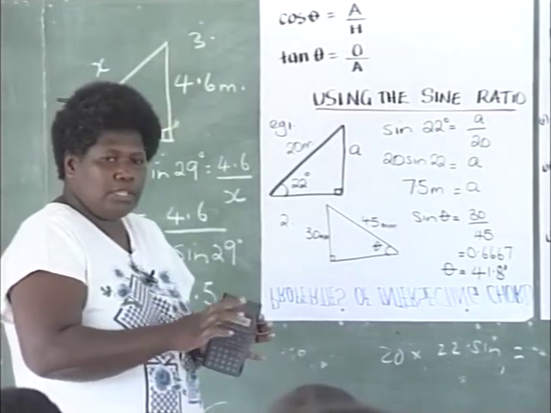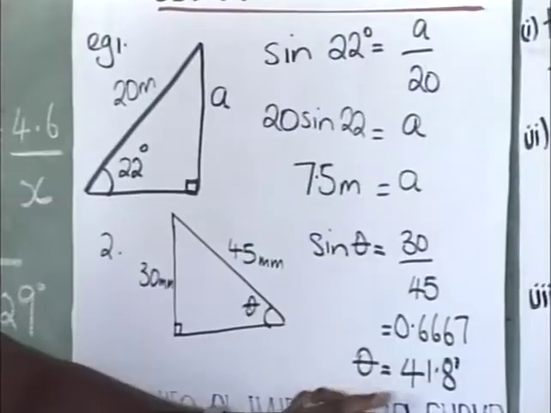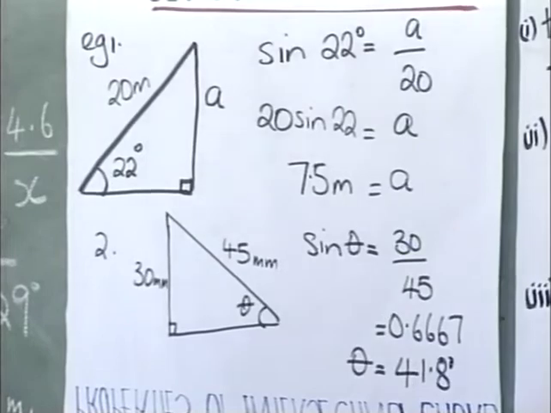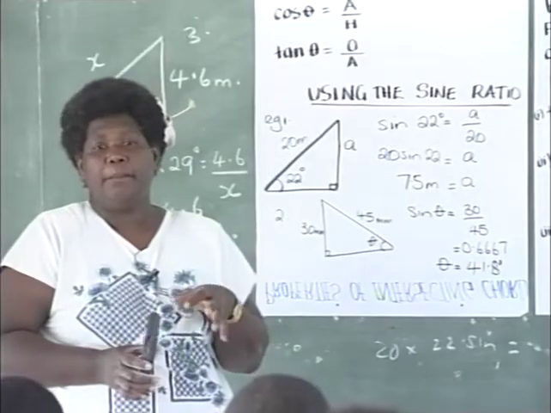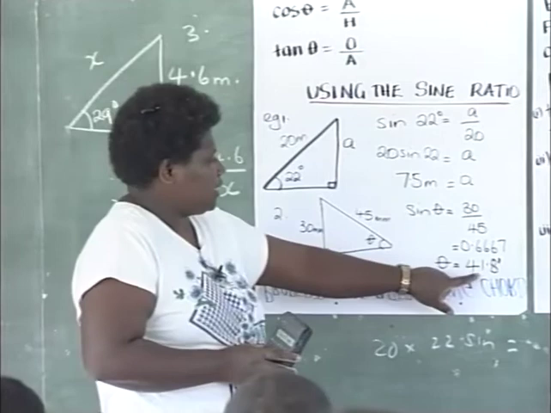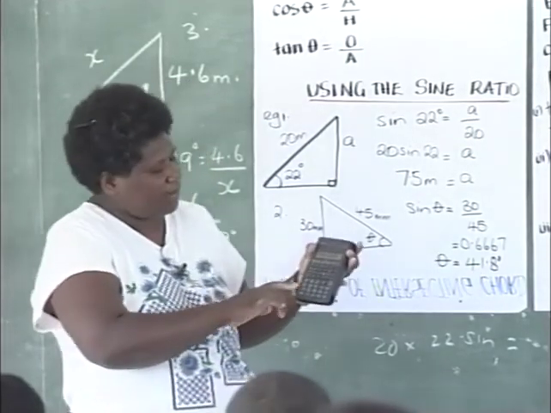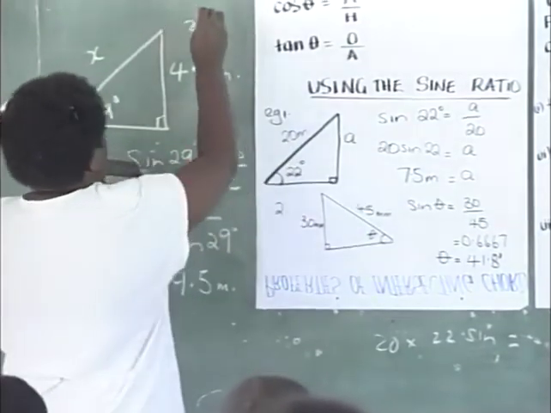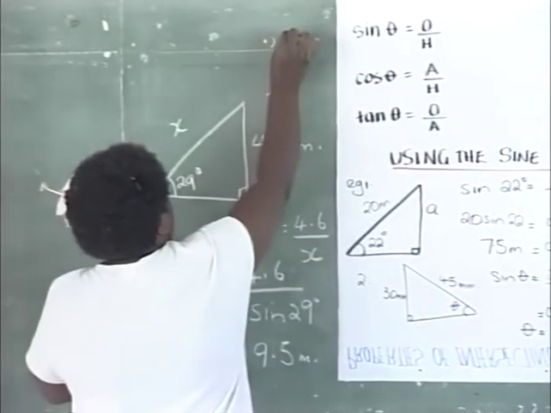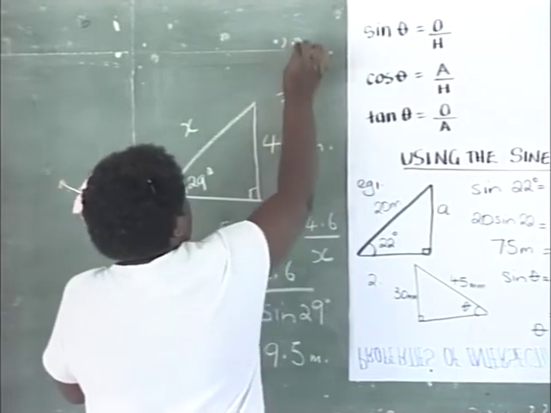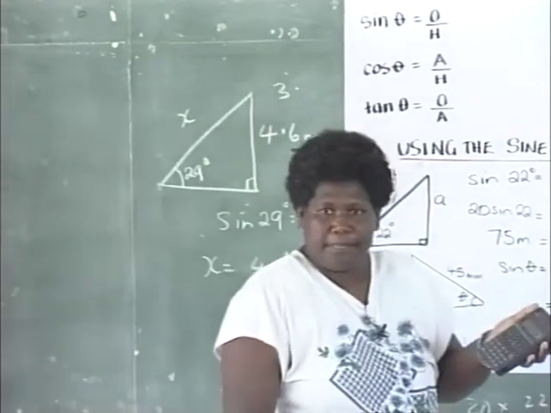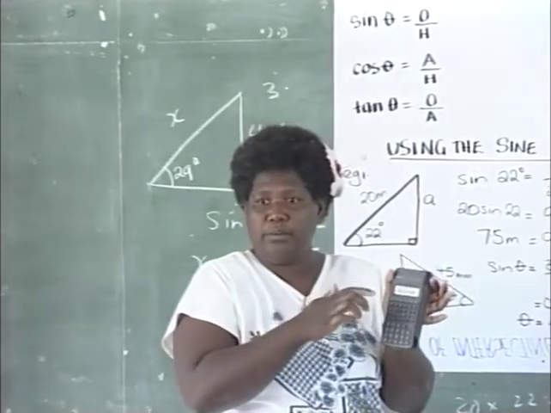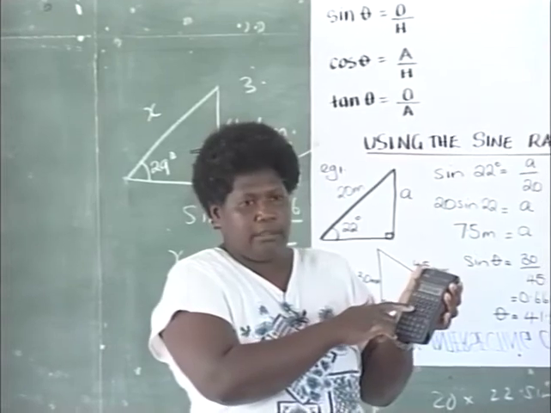Now, we'll just go a little bit further on this one. In some textbooks, I'm not really sure about this one, you will have the angles in degrees and minutes. If you want to change this one to degrees and minutes, there is a key that is like this. It's got a 0, and then these, whatever they are, apostrophes. With 41.8 on the screen of your calculator, you just press that one.